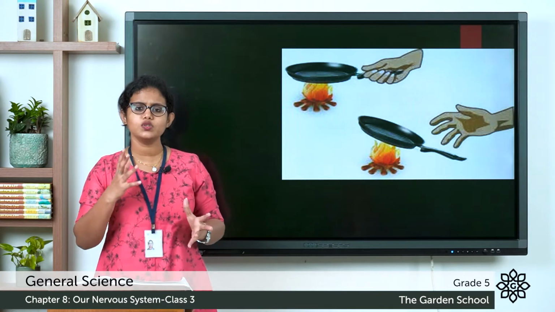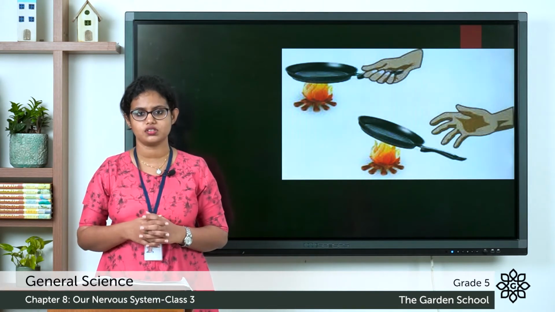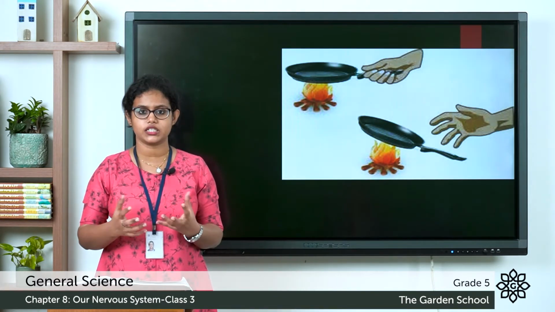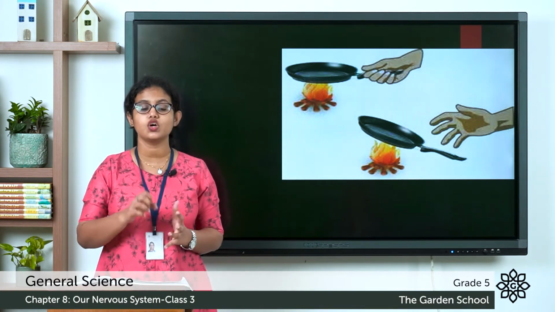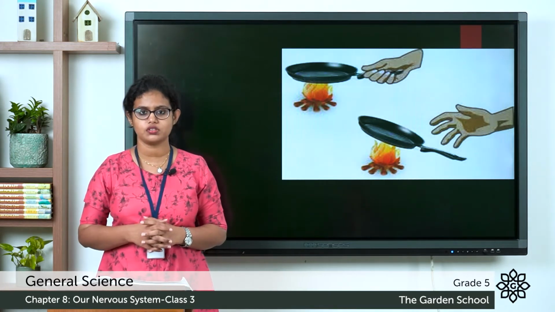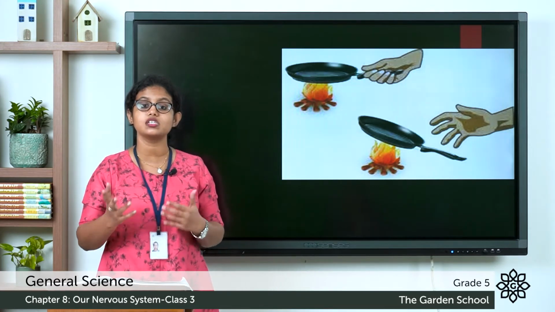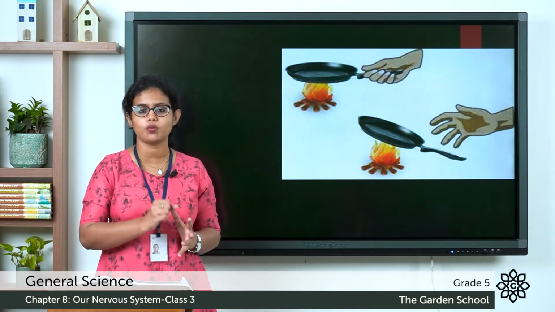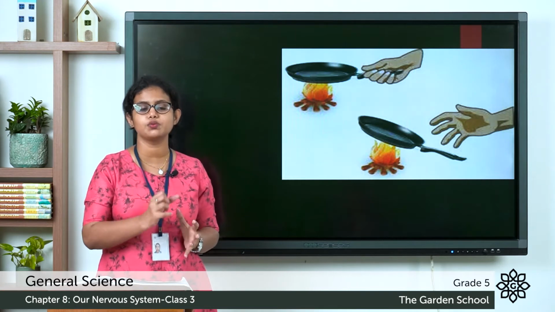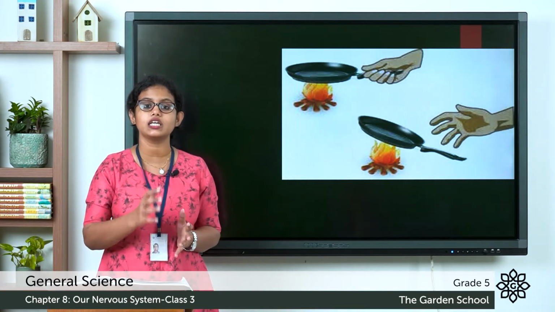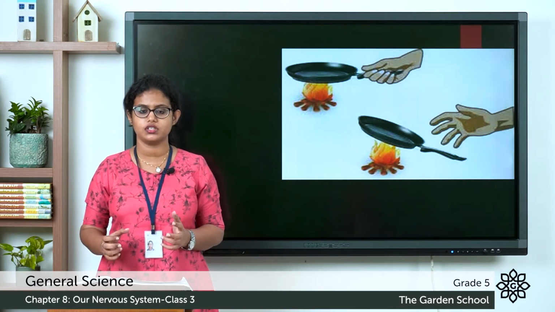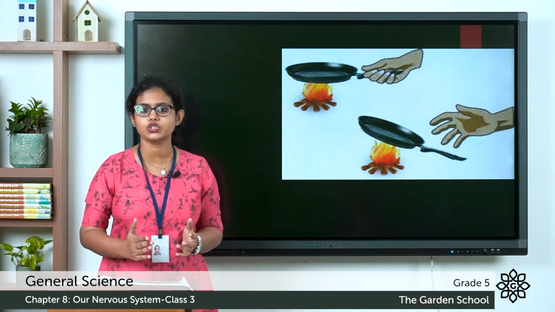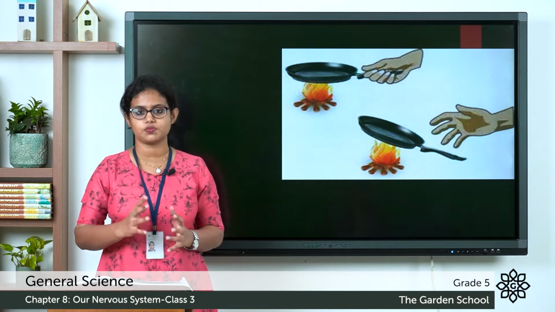When you touch a hot object, you feel the heat, and you suddenly withdraw your hand from that hot object, right? So here, what is the stimulus? Touching the hot object is the stimulus, and withdrawing your hand from the hot object is the reflex action or the quick response.